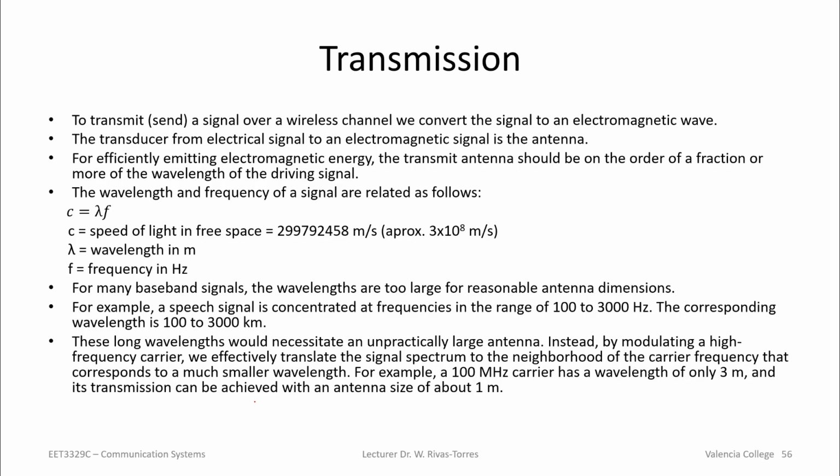So, to transmit the signal over a wireless channel, we already mentioned that we have to convert it to an electromagnetic wave. The transducer that does that is what we all know as an antenna. Now, to do this efficiently, the antenna should be on the order of a fraction or more of the wavelength of the signal.